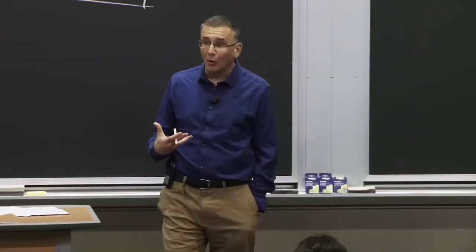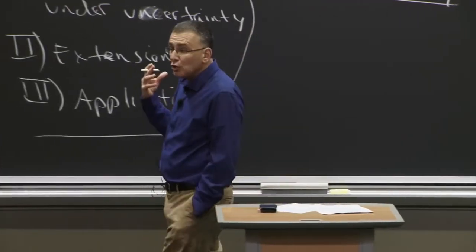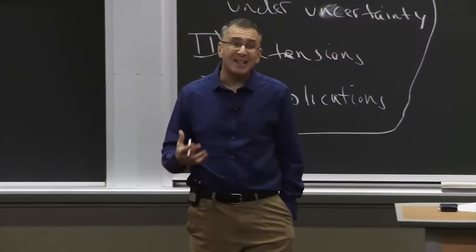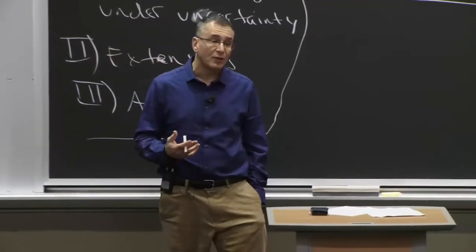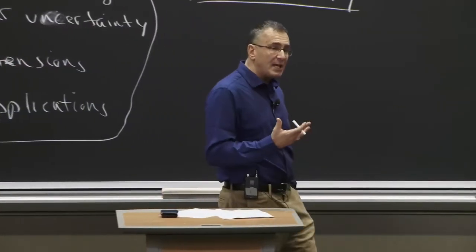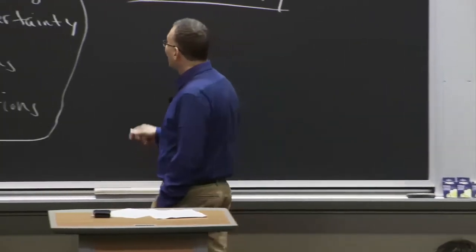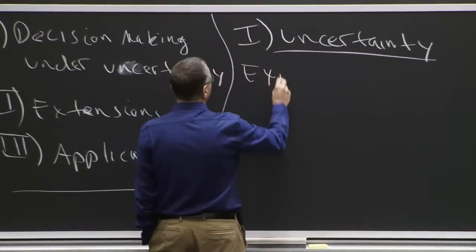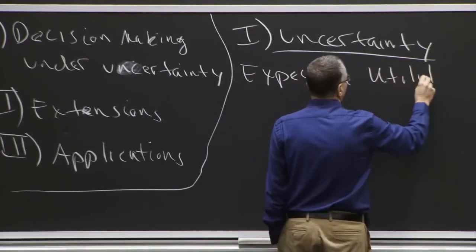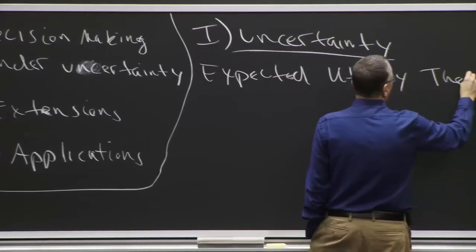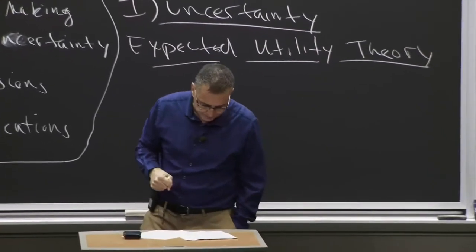What's really cool is that economics has a very useful tool to think about exactly these kinds of situations that, much like the other tools we've developed this semester, is pretty easy once you understand it, but has a huge amount of power for explaining the world. And that's the tool of expected utility theory. That's what we'll focus on and learn today.